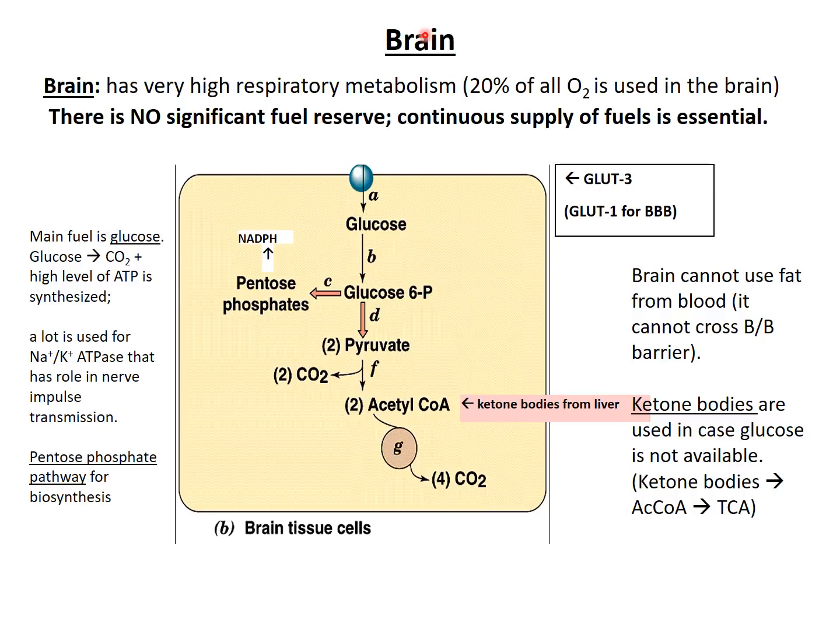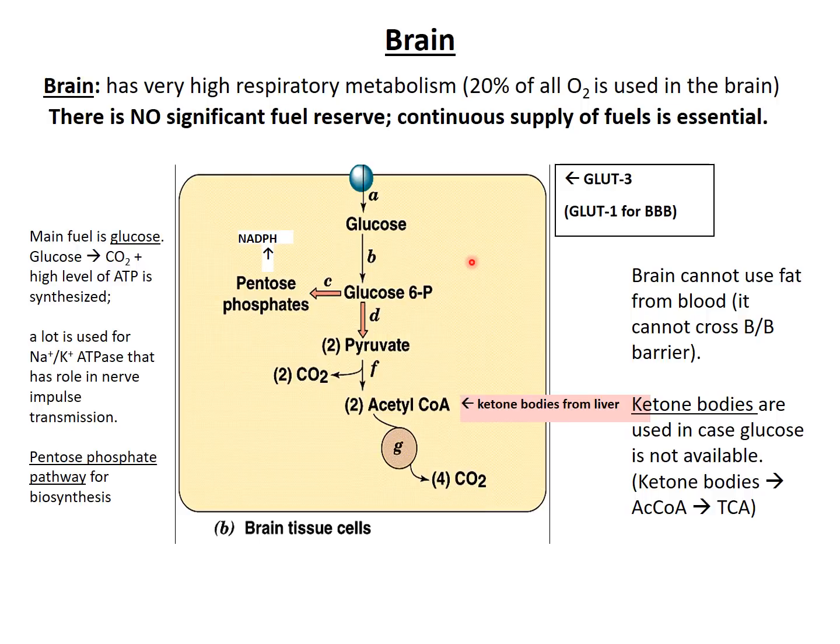All right, so let's see this spoiled child, the brain. The brain is an aerobic tissue, very high respiratory metabolism. Consequently, it uses a lot of oxygen. If oxygen source is not enough, you will feel it right away because you will feel dizzy and probably pass out. There is no significant fuel reserve.